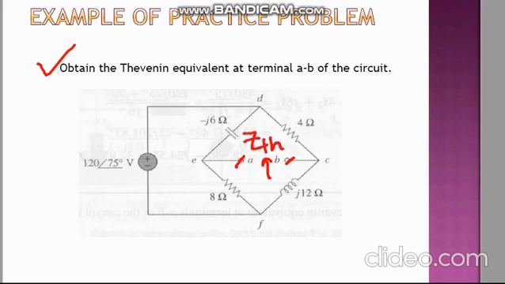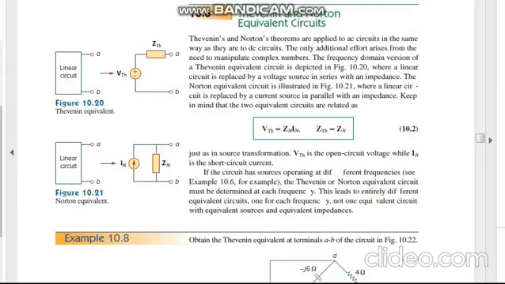In the superposition theorem, as I have discussed earlier, there are the Thevenin and Norton equivalent circuits. Here I want to solve some examples from our reference book, Alexander and Sadiku, Fundamentals of Electric Circuits. As we know from source conversion, in this equivalent circuit there is V Thevenin and Z Thevenin.